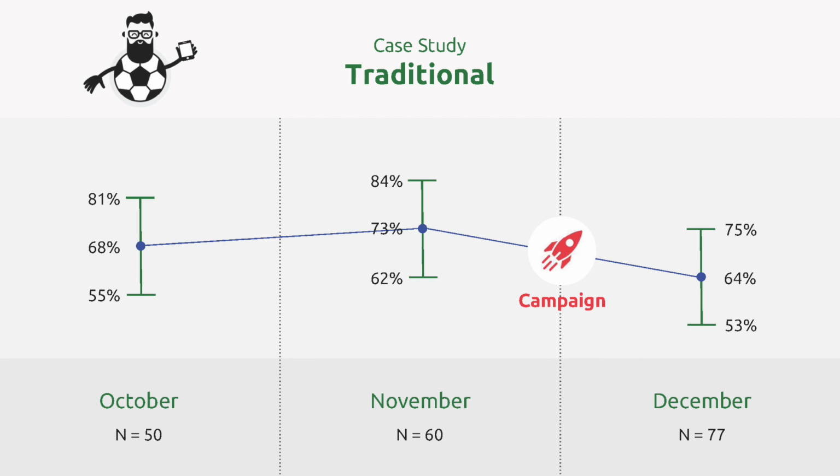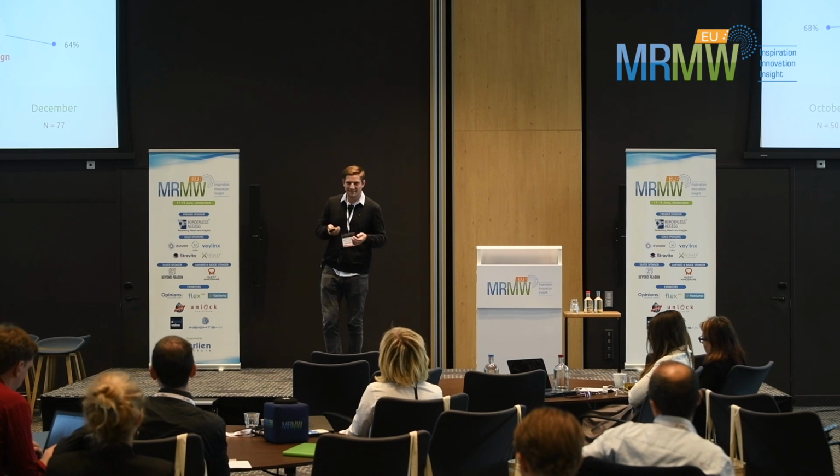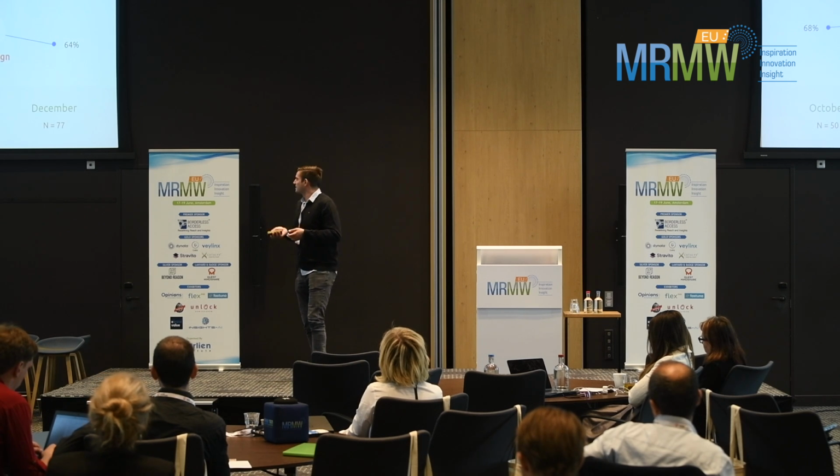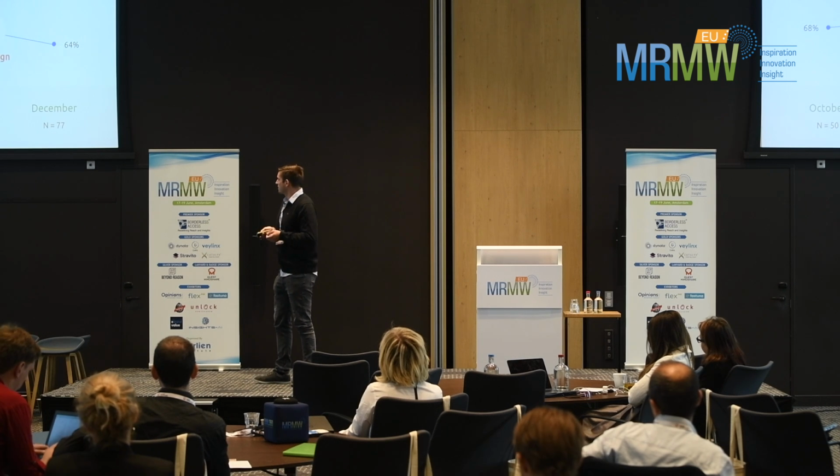And the results for them for positive brand association were the following: 68%, 73%, and after the campaign, it was at 64%. That's not really something I would personally trust as a basis for a decision, that this is telling me the truth if there were any changes due to my campaign.